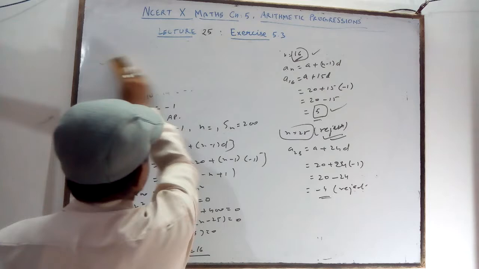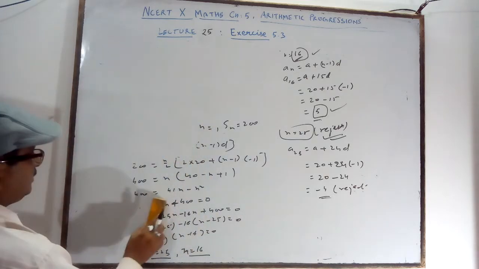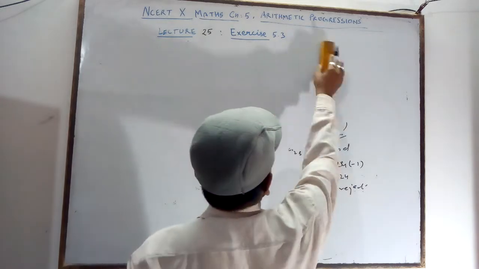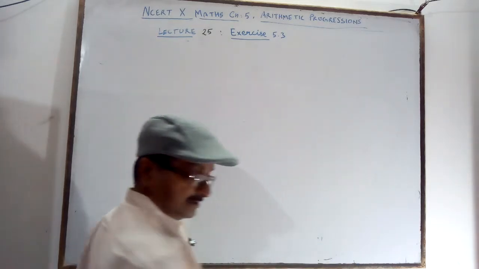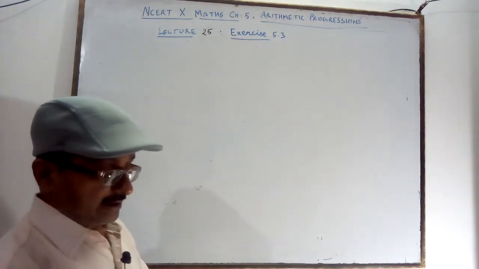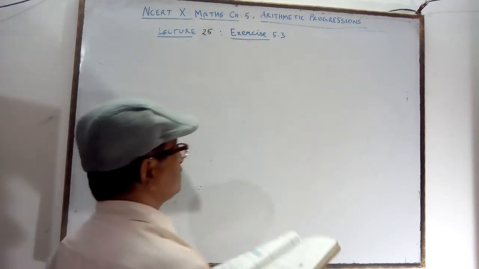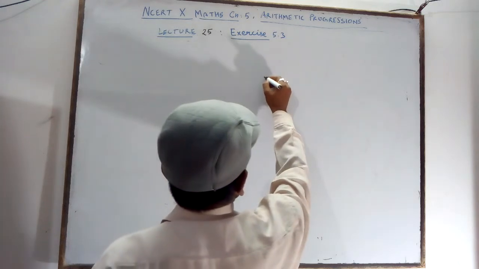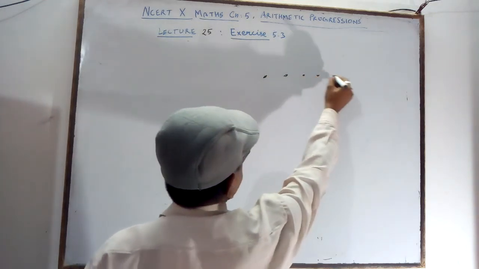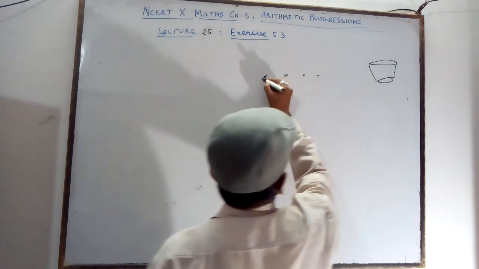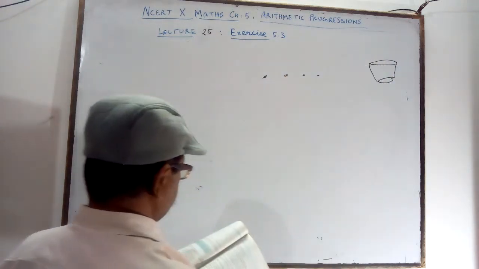Question number 20. There is a game, the potato race. Potatoes are placed at different places, and there is a bucket, and the person moves from this place and drops the potato in the bucket.